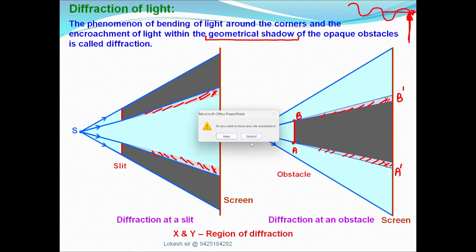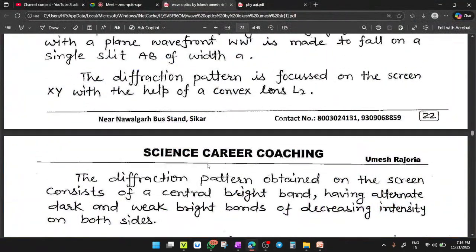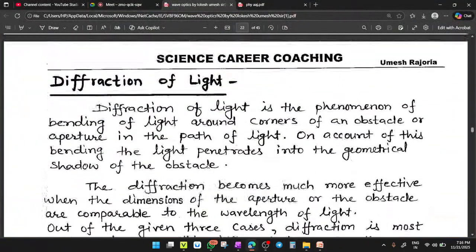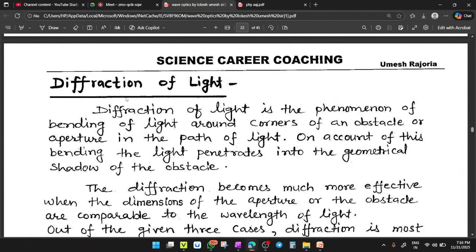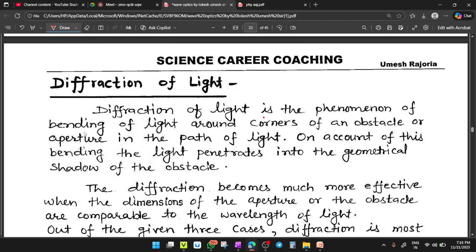So going to the PDF, coming to the diffraction. What is diffraction of light? Diffraction of light is the phenomenon of bending of light around the corners of an obstacle.